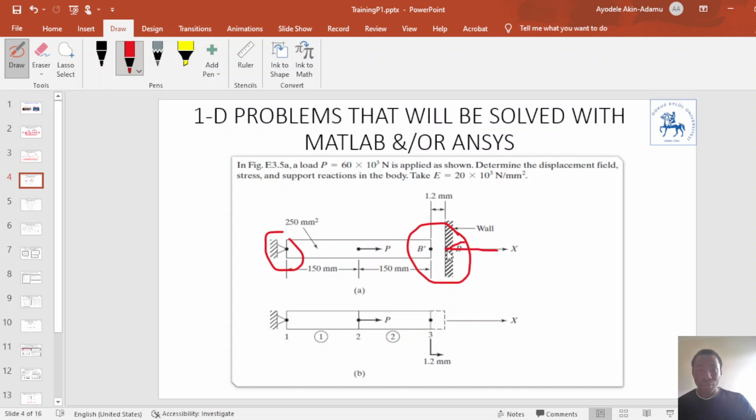Then, when node B touches the wall, the support will generate a reaction force which will act on the bar element and change the stress and strain distribution in the body.